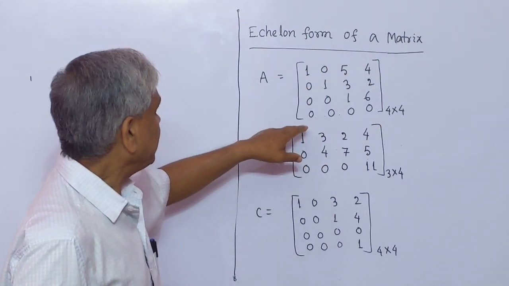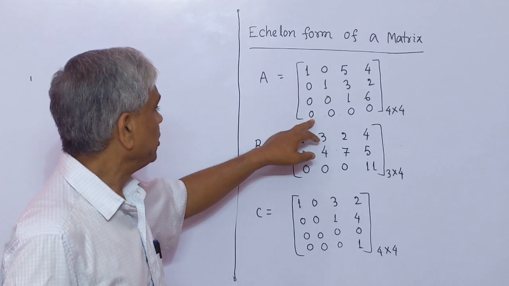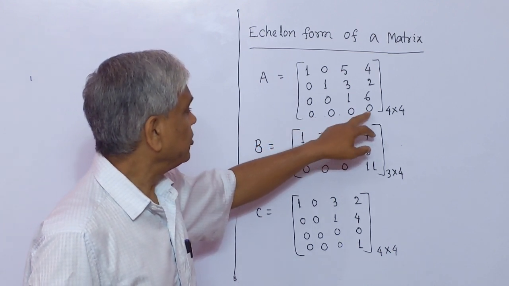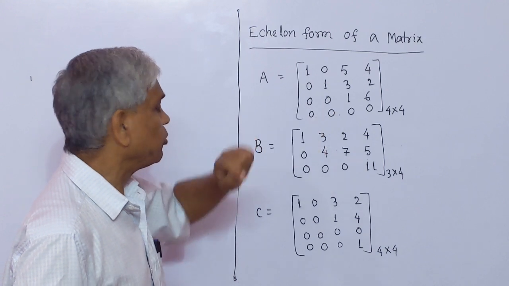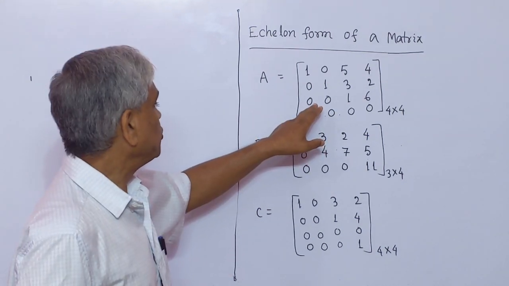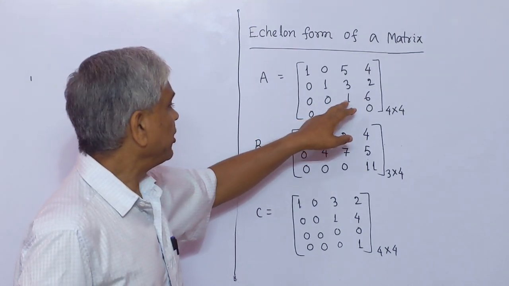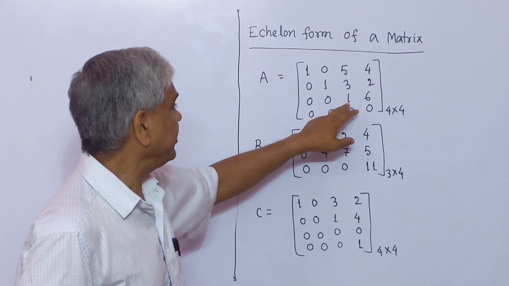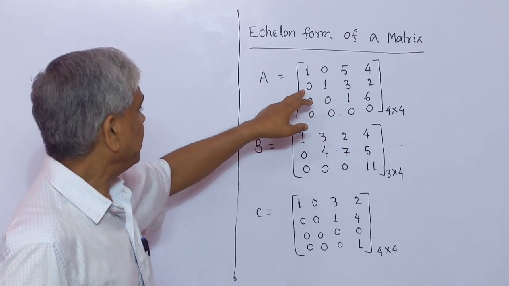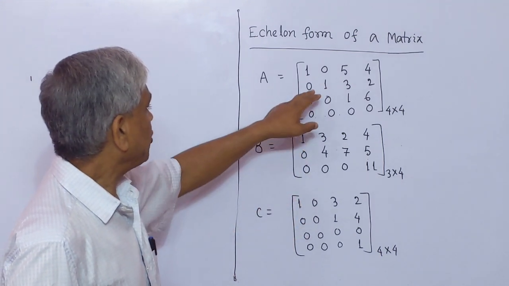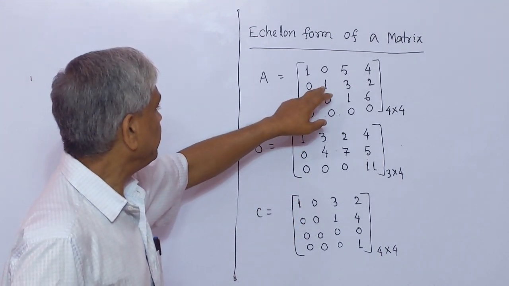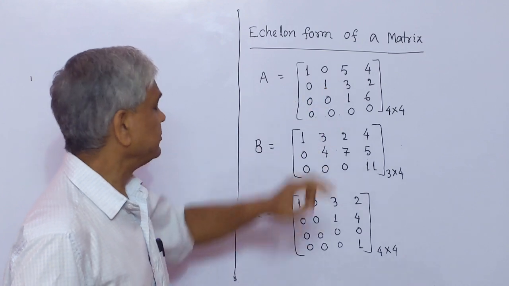In the fourth row, each entry is 0. In the third row, the number of zeros is 2 before a non-zero entry. In the second row, the number of zeros is 1 before a non-zero entry.